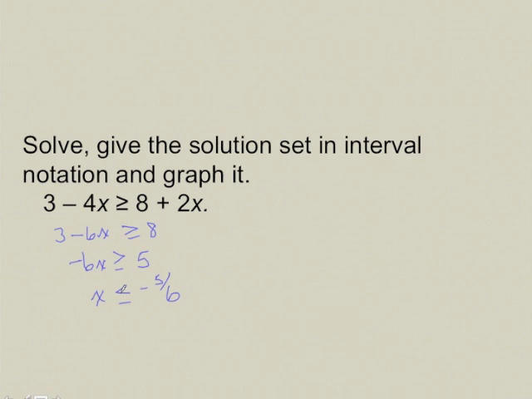In interval notation, this is a less than or equal, so farthest to the left is negative infinity to negative 5/6, and we would have brackets there. Graphing it, if this was negative 5/6, we would have a bracket that opens to the left, and we go to the left, so we have things that are less than or equal to negative 5/6.